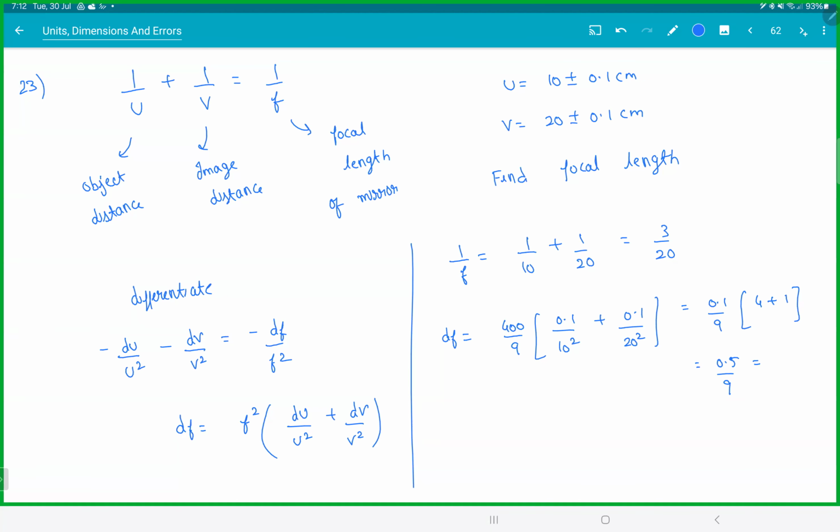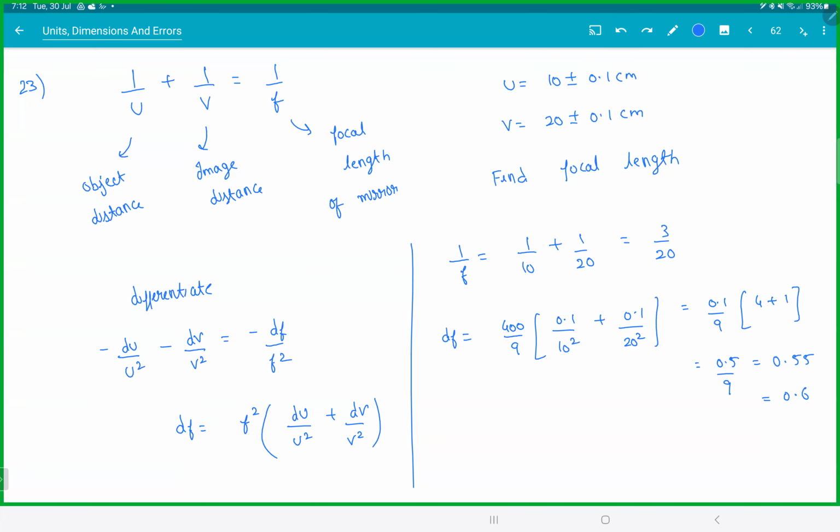That would be, how much is that? 0.55. 5 is there, and before 5 there's an odd number, so we have to round it off to increase this thing to 0.6, isn't it? 0.55, when you have to round off to one decimal because there's only one decimal here.